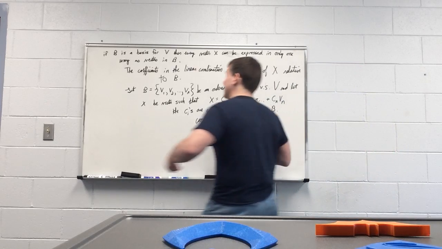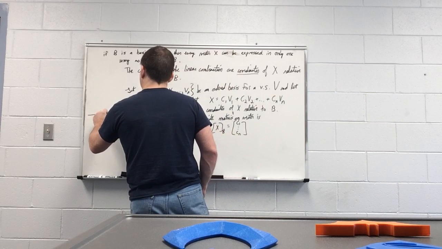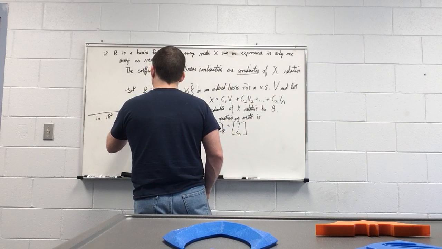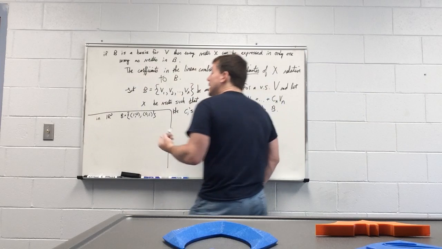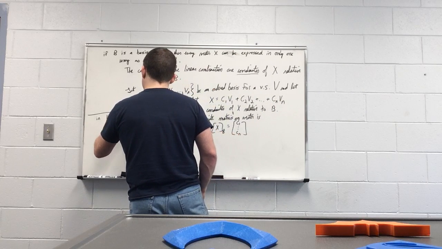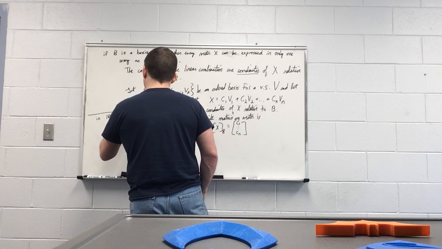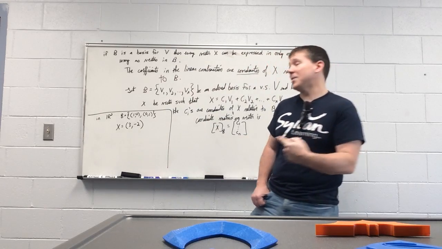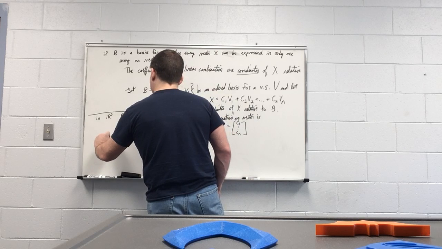The idea being, in R2, I know I have a standard basis (1, 0), (0, 1). Suppose I have some x equal to, we'll say, the vector (3, -2). There's only one way to write x as a linear combination of those, and it's pretty clear.